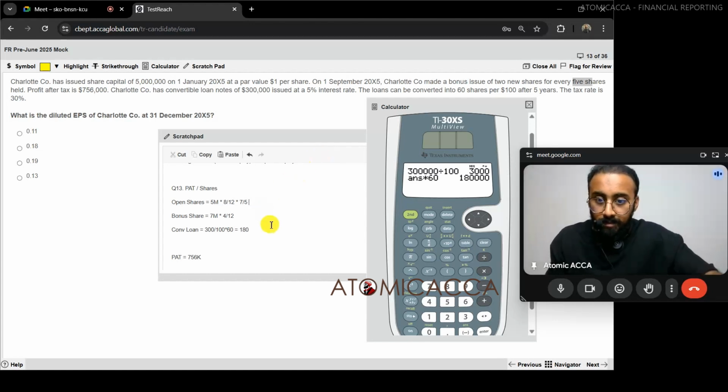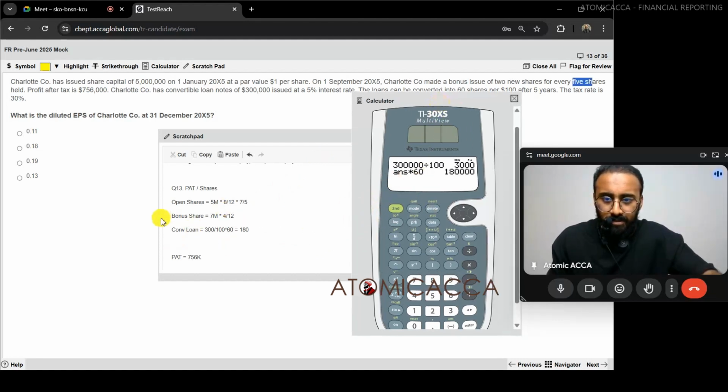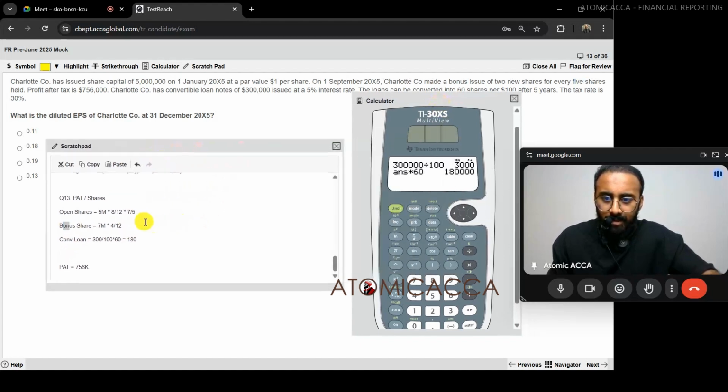By logic, because this is a bonus issue, at the end it's supposed to be 7 million, but let's confirm.